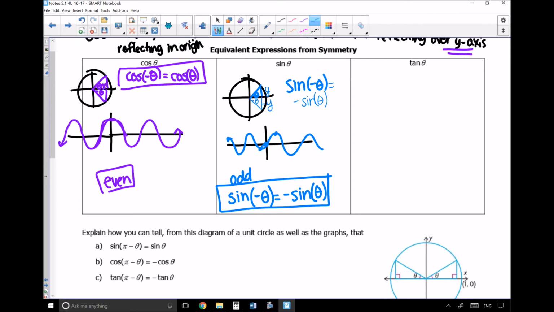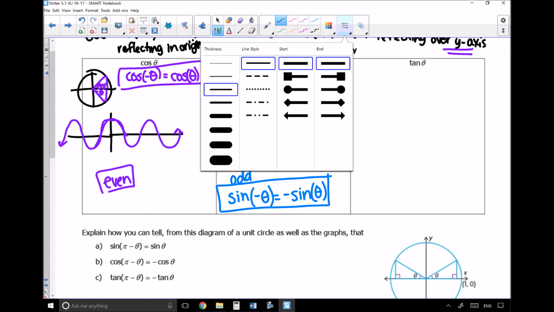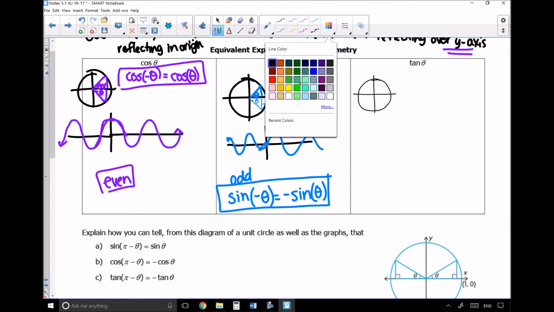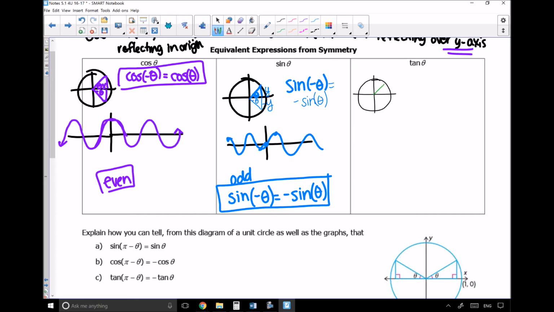Now let's take a look at what would happen if we have tangent of theta. If we remember again in our unit circle, we draw in our triangle, and this is our theta, and here we've got y and x, and tangent is y over x.